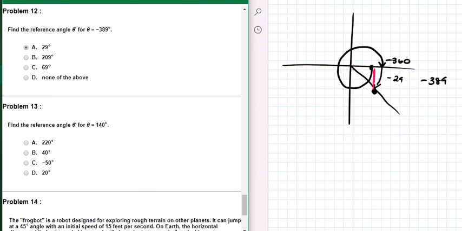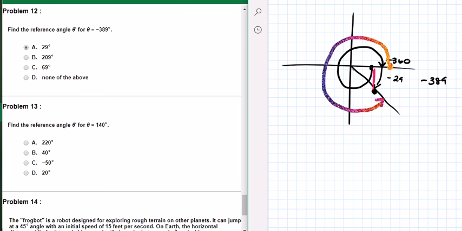Alright, and you can always get that by finding your positive coterminal angle. So a positive coterminal angle that would go with that would be drawn like this. And if you remember, negative 389, and then you add that 360, that gives you negative 29.